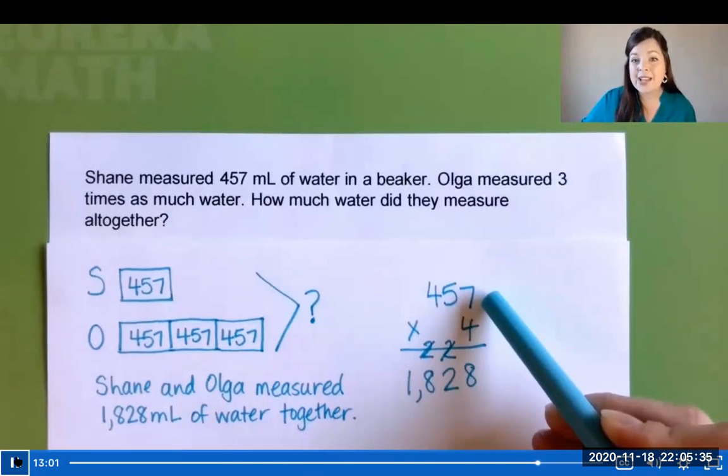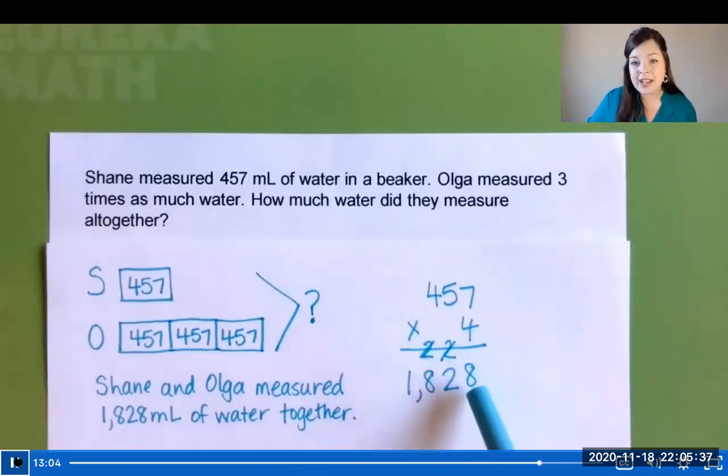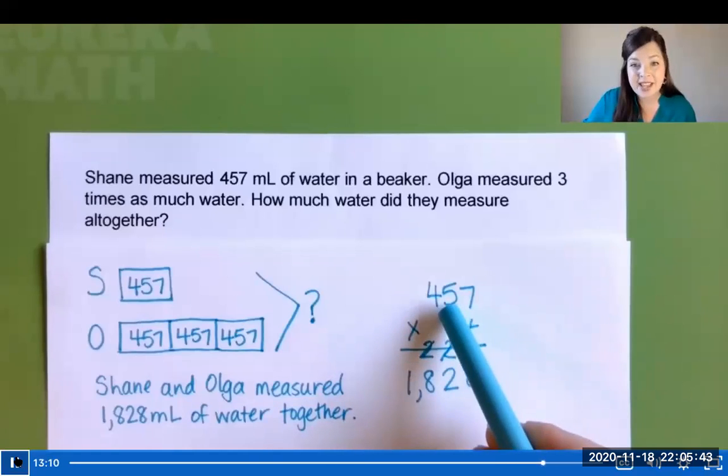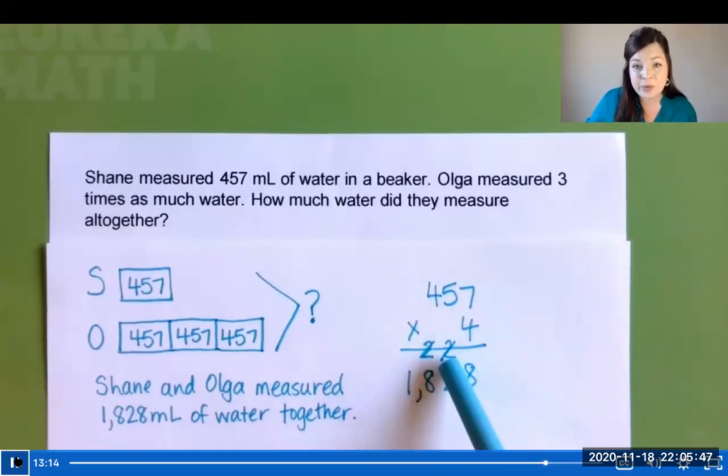We record 28 ones as 2 tens on the line and then the 8 ones. Now the tens place. 4 times 5 tens is 20 tens, plus the 2 tens that we regrouped from the ones place is 22 tens. We record 22 tens as 2 hundreds on the line and 2 tens. And we make sure to scratch off those 2 tens here because we already added them in.